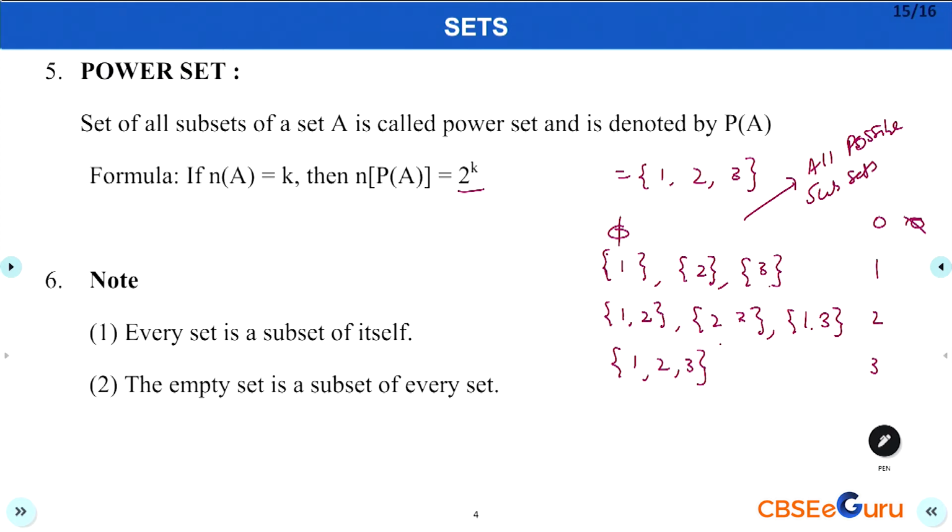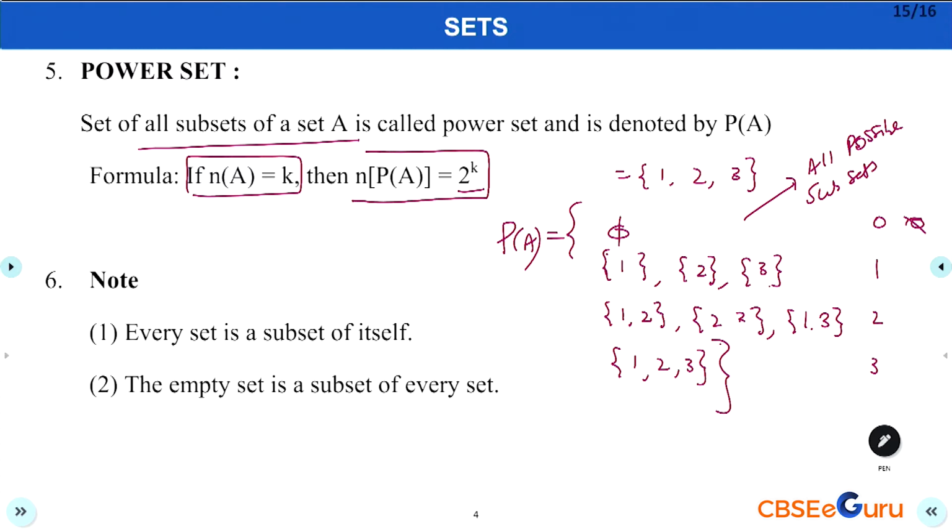But if I use one more bracket, this set is called the power set of A. See, the set of all subsets of a set is called the power set. So by this formula, if n of A equal to k, a set has k elements, its power set has 2 power k elements.